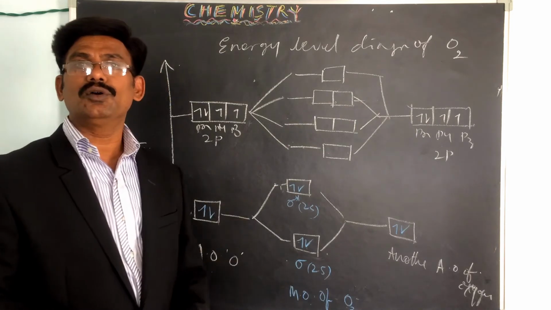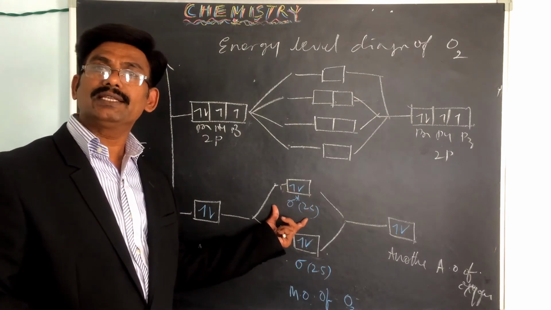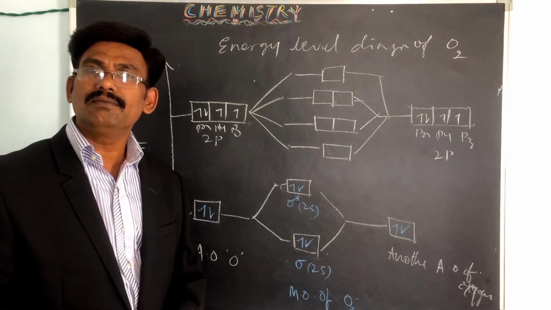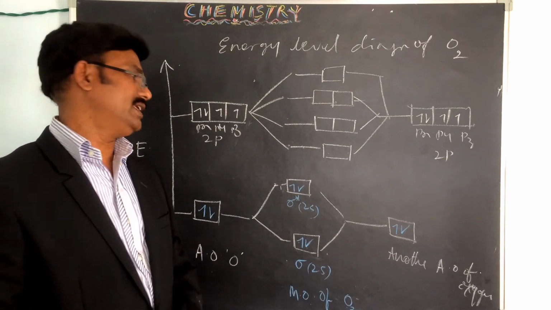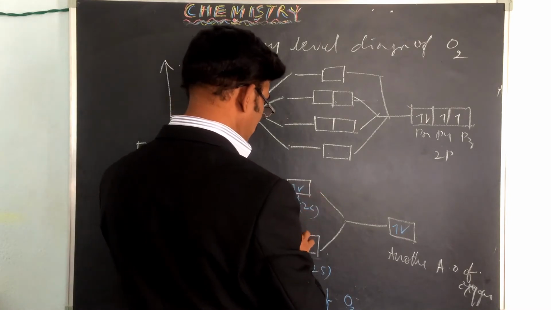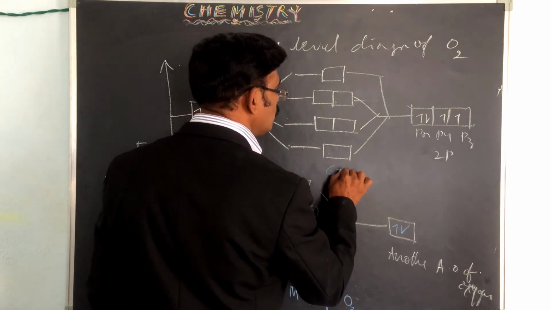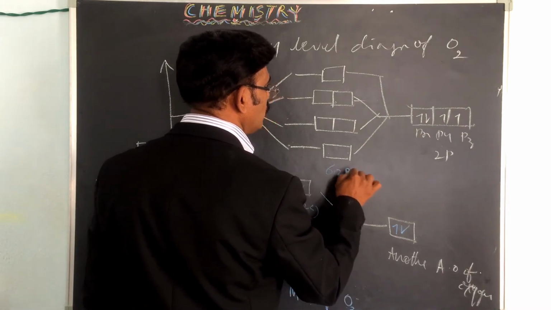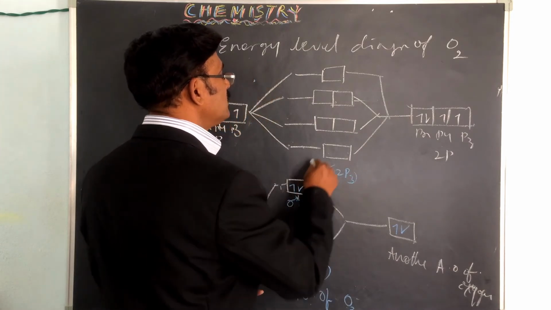In the sigma 2s, then will come the sigma 2pz. This one is the sigma 2pz, containing 2 electrons.